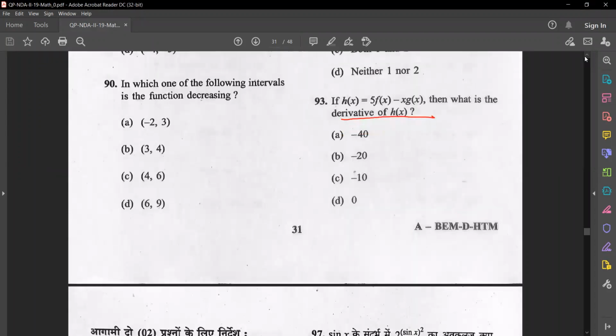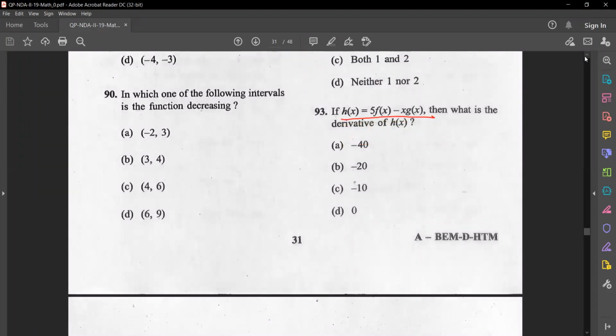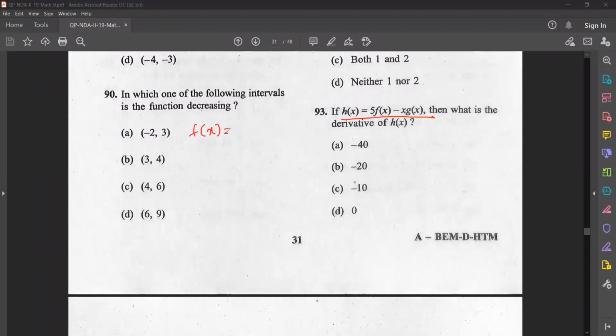You have to get h of x as 5f of x minus xg of x. So what is f of x over here? F of x is x square plus 2x minus 5. G of x is what? 5x plus 30.